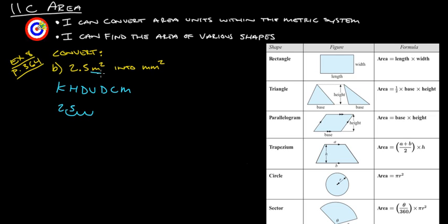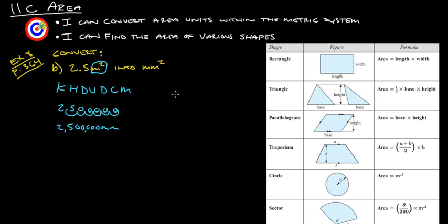But since it's meters squared to millimeters squared, you have to double that, so you move it over 3 twice: 1, 2, 3, 4, 5, 6. Fill in all these with zeros, and you get 2,500,000 millimeters. So that's the easy way to do it.